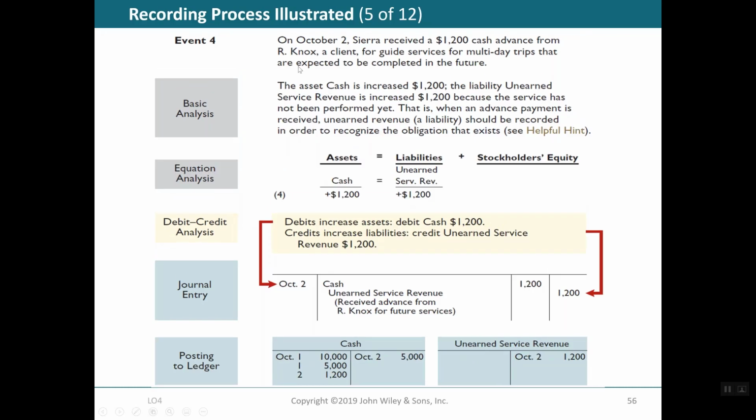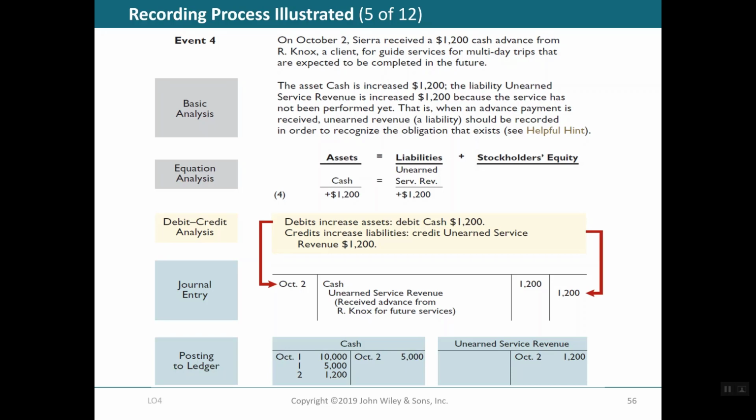Okay, event 4, October 2nd, Sierra received a 1,200 cash advance from Aaron Knox, a client, for guide services for multi-day trips that are expected to be completed in the future. The asset cash is increased by 1,200.